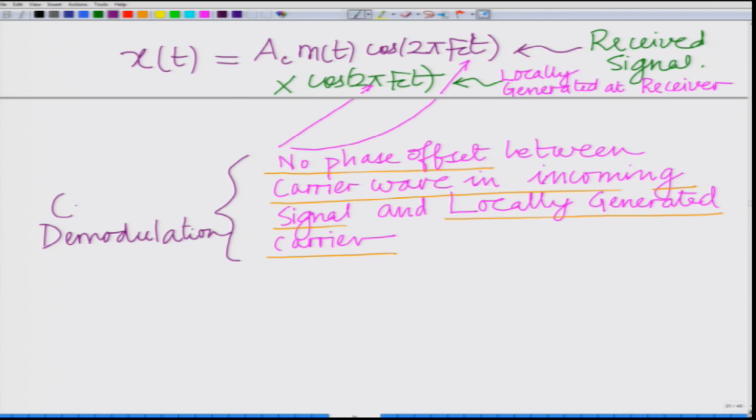Coherent, let me just write it in bold letters, coherent demodulation, or basically synchronous demodulation.